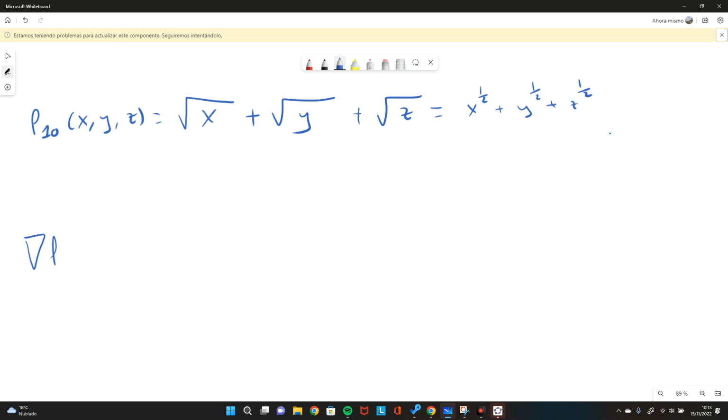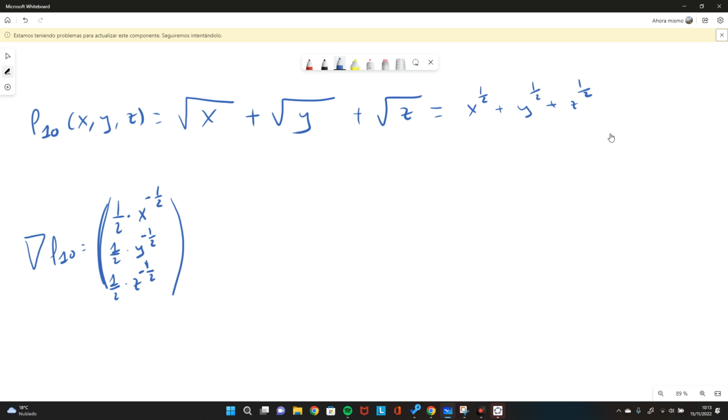And so the gradient of f10 is just, well, this is 1/2 of x to the power of minus 1/2, 1/2 of y to the power of minus 1/2, and 1/2 times z to the power of minus 1/2.